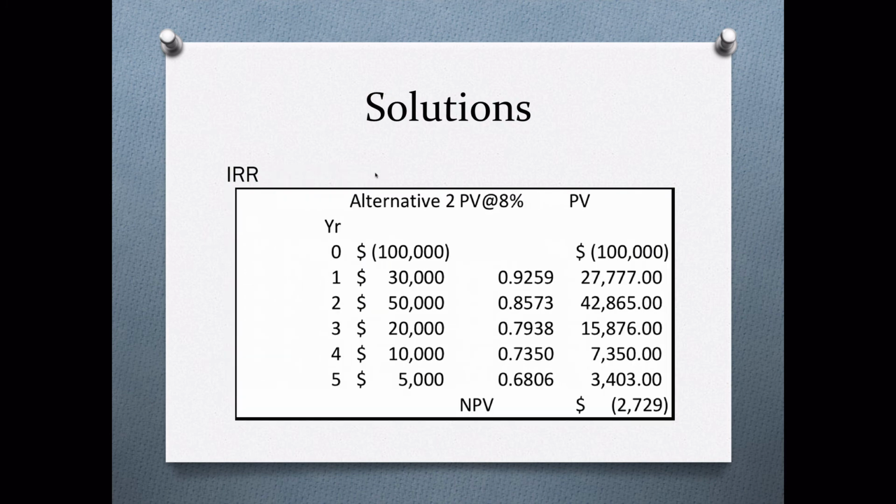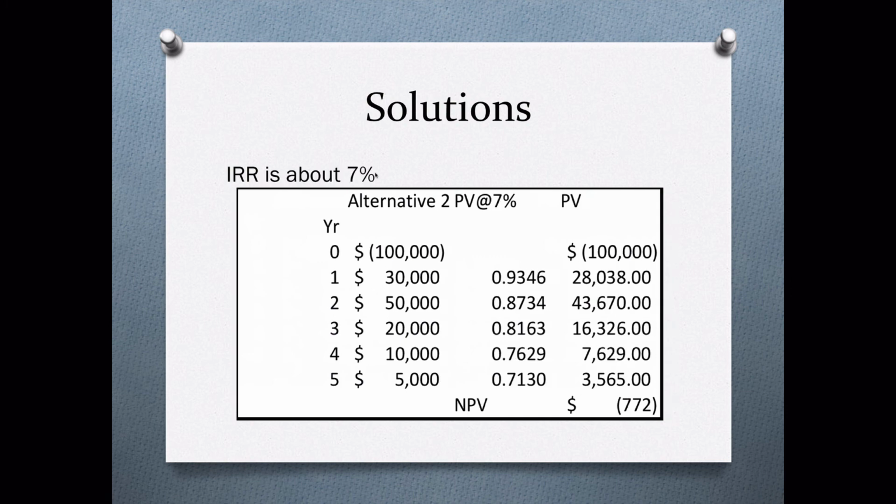All right, on the second alternative, I plugged in 8%, and the net present value went down to a negative 2,729. I thought I'd get closer, so I plugged in 7%, and I got a net present value of negative 772.